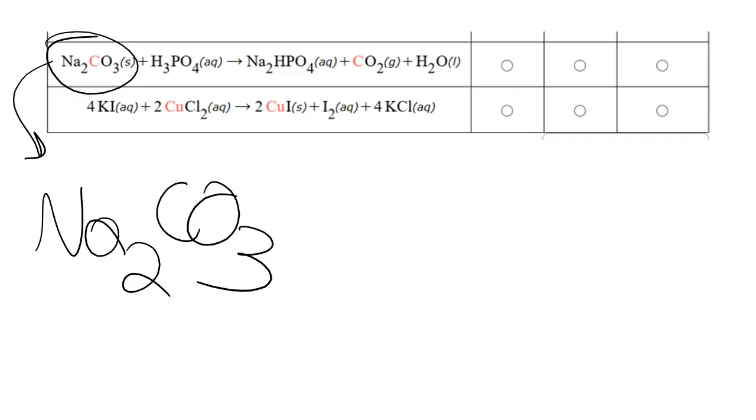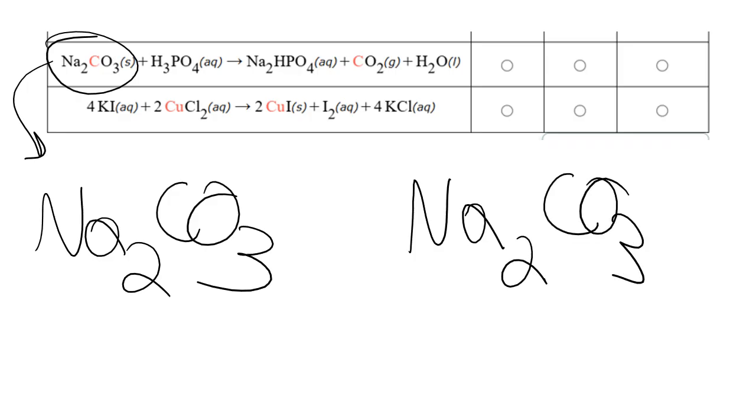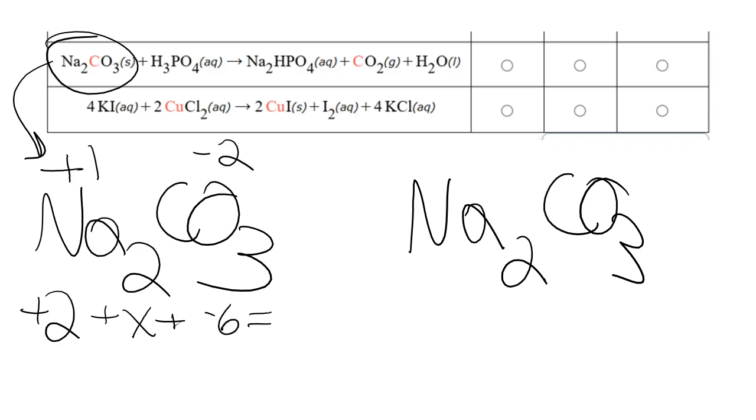So I'll solve it both. Sodium is a plus 1 times 2, we got a plus 2. Carbon we do not know. Then oxygen is a minus 2, which makes it a minus 6. That has to equal 0. And so carbon is a plus 4 in this situation.